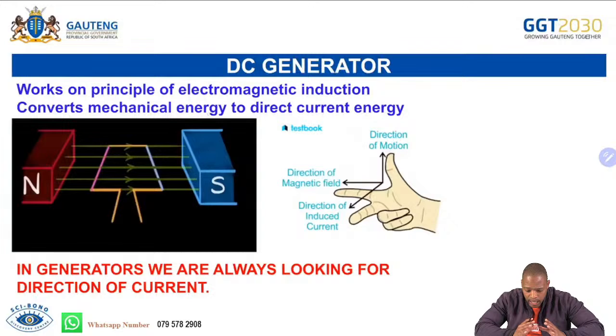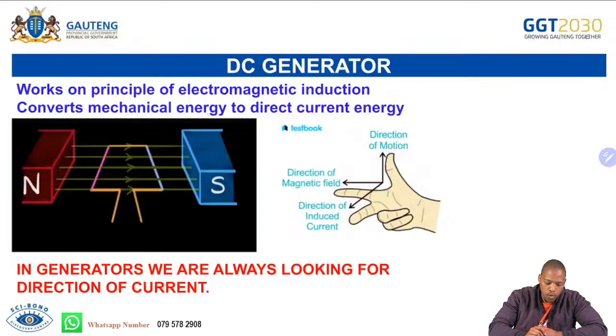But in a direct current or DC generator, we want a direct, unidirectional flow of current in the external circuit. The way the DC generator works is very closely similar to the AC generator. Its design is almost exactly the same, not exactly, but almost.